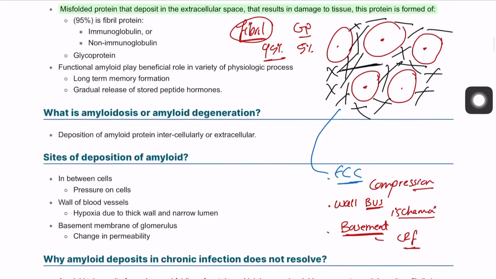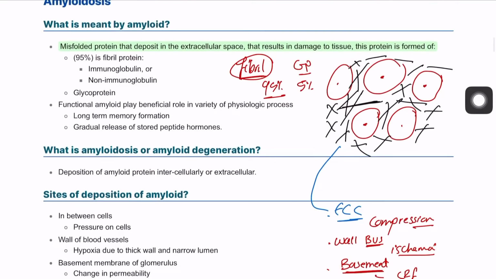Usually we have two protective mechanisms that can protect us from this misfolding, which usually happens on cell turnover anyway. Two mechanisms outside the cell: the macrophages will come and unfold this protein back to the normal shape. And if it is inside the cell, the proteasome will do that.